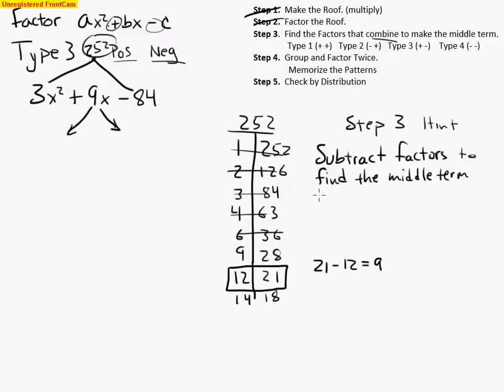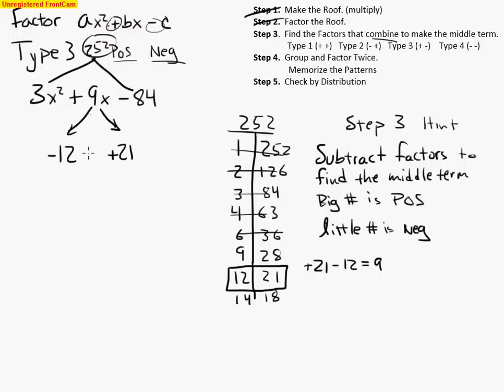That hint says the big number is positive, and the little number is negative. Just like I have here. This big number, 21, is positive. Little number, 12, is negative. So if I go over here, 12 and 21, well, the little one better be negative. Big one better be positive. These are the hints that we use.